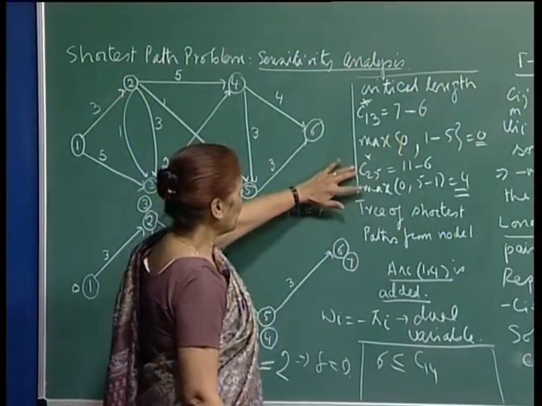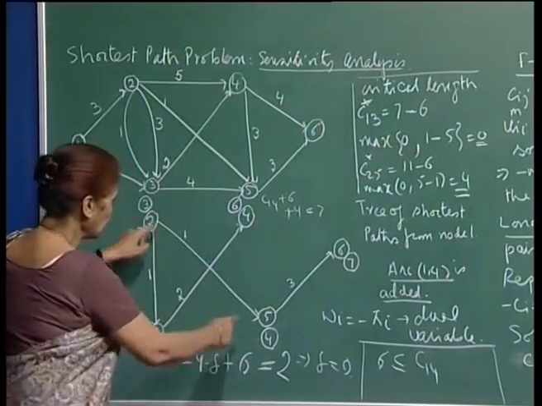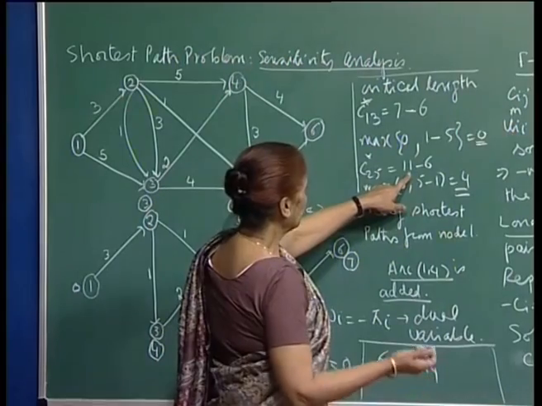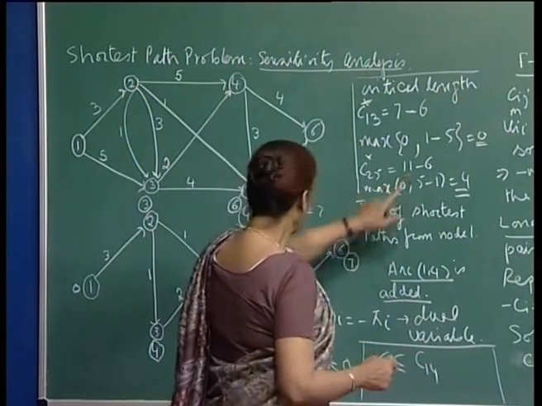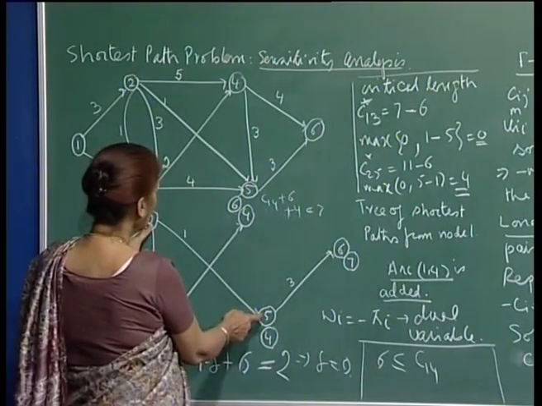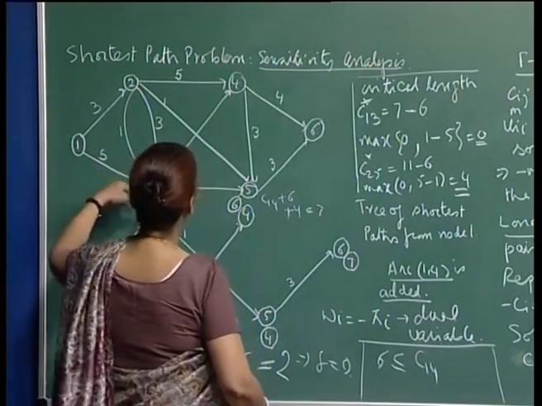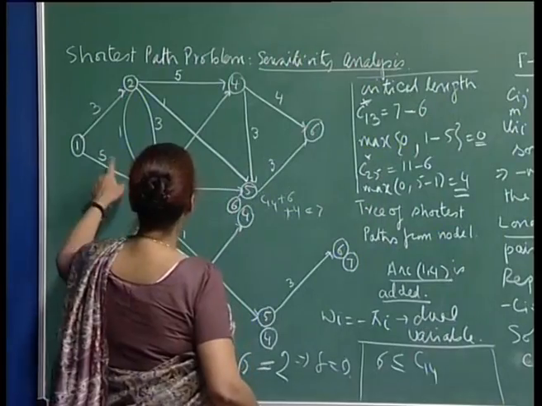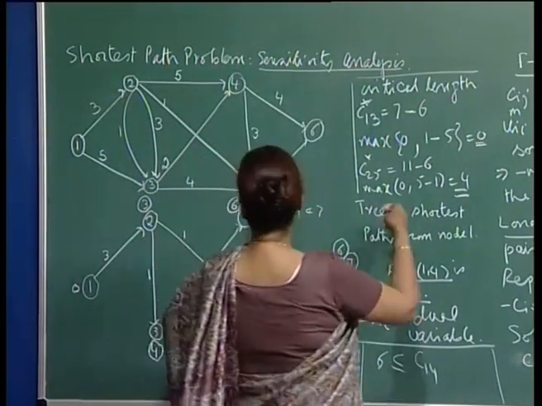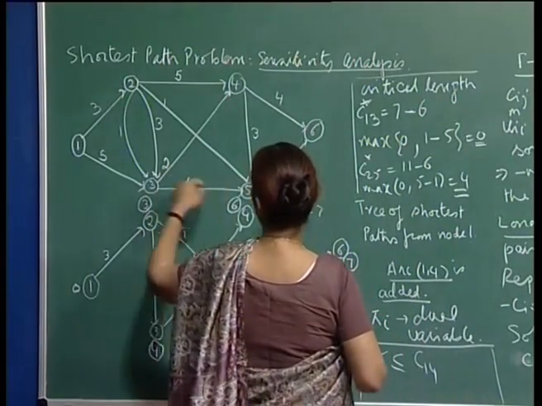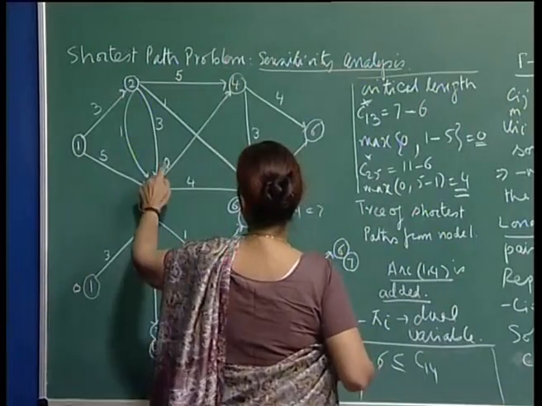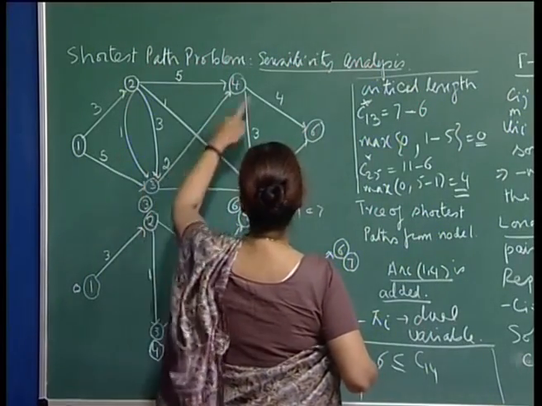But for an arc 2 5 which is figuring in your shortest path, you can compute that when it is infinity, that means its length is very large, then the path will be 1 3 4 6, which is 5 and 2 7, 7 and 4, 11.